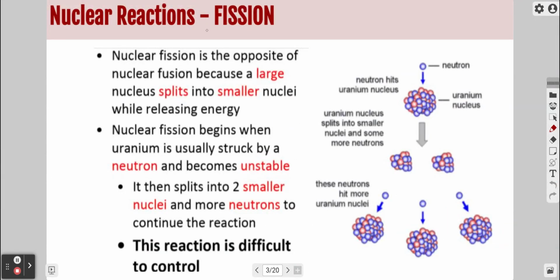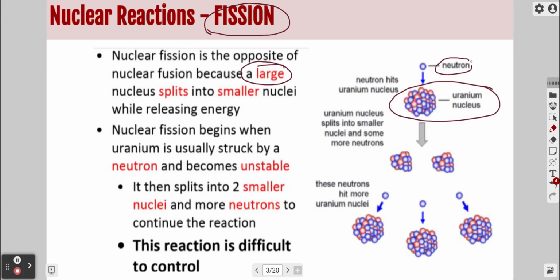All right, fission. That is typically what you're seeing when we're talking about nuclear reactors. You have a large nucleus, like uranium, being hit with a neutron, and then that large nucleus is broken down into smaller nuclei, so smaller elements.